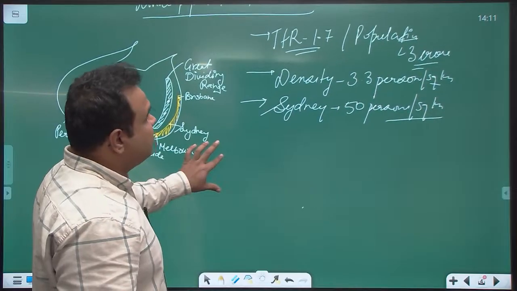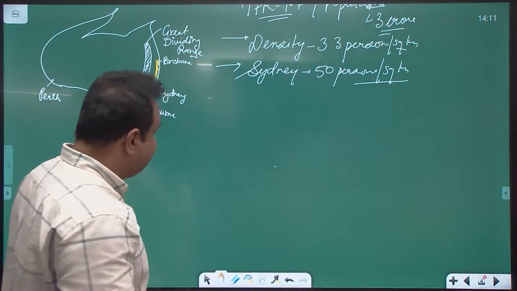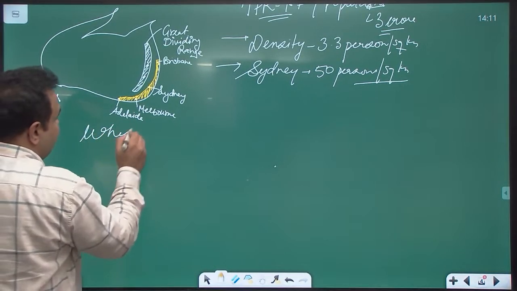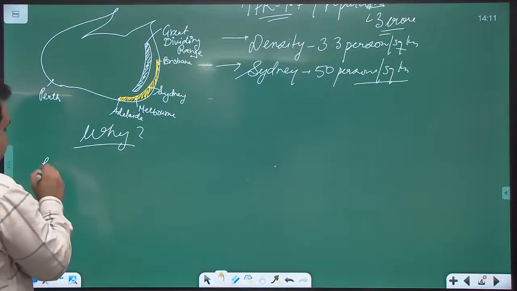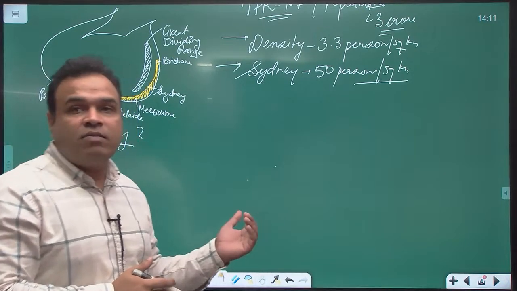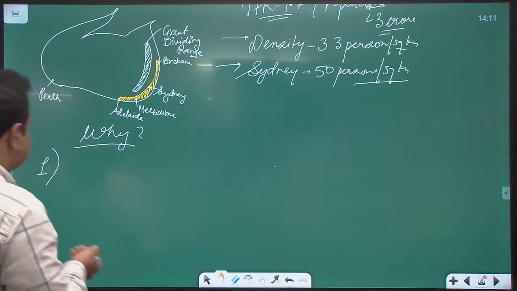So what is the reason? First we will figure out what are the reasons why Australia is underpopulated. क्यों है? First is they do not have any civilization that has been in practice since ages. कोई civilization है ही नहीं.